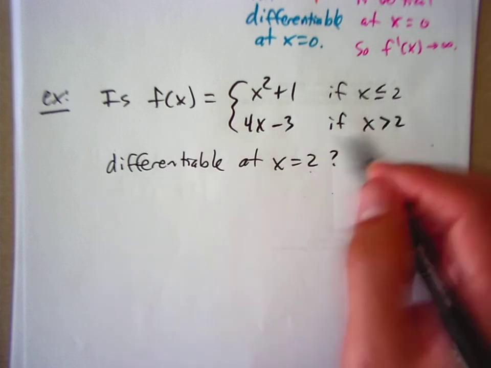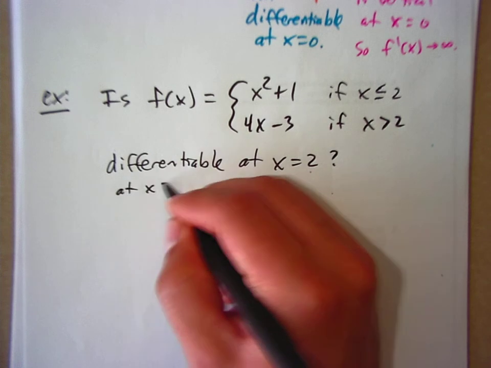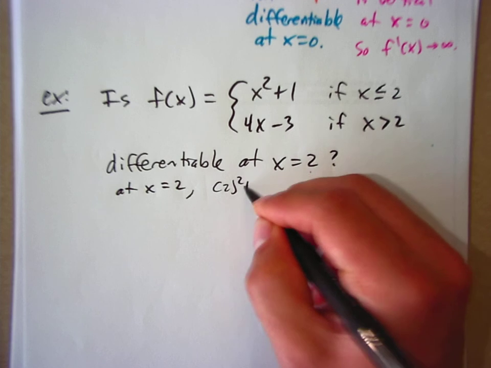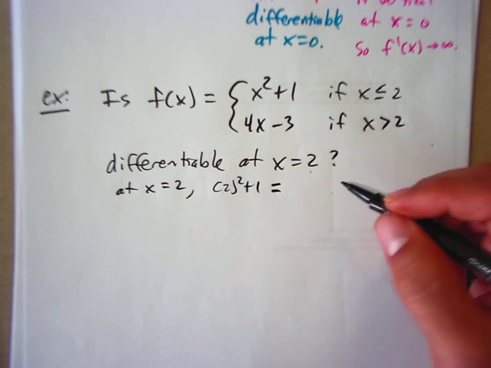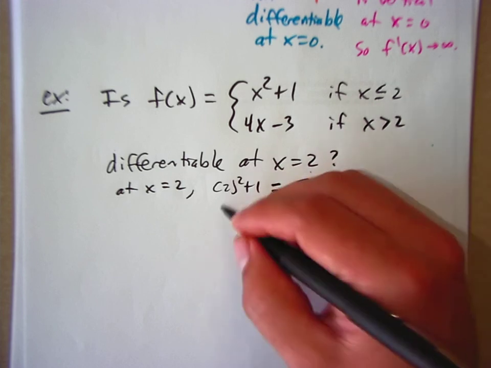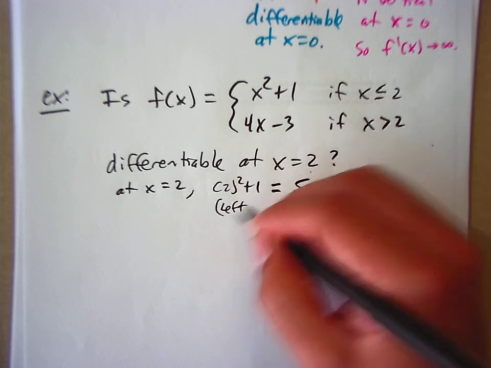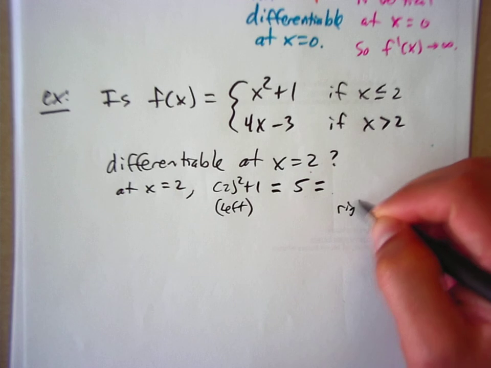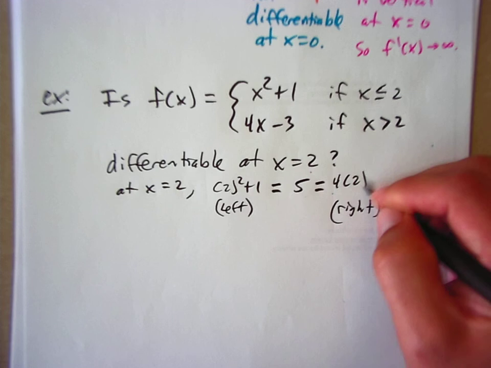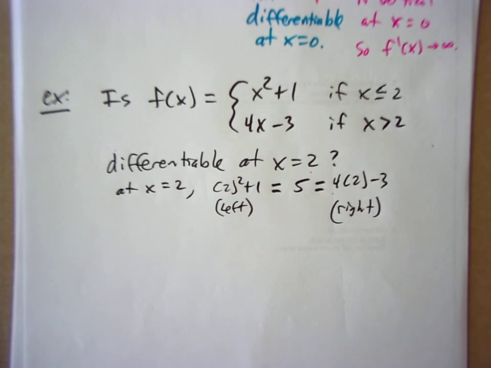So at x equals 2, we have 2 squared plus 1, and that equals 5. This is the left side of the graph. This is the right side. If I plug in 2 there, 4 times 2 minus 3 is also 5. So we definitely don't have any discontinuity, right?